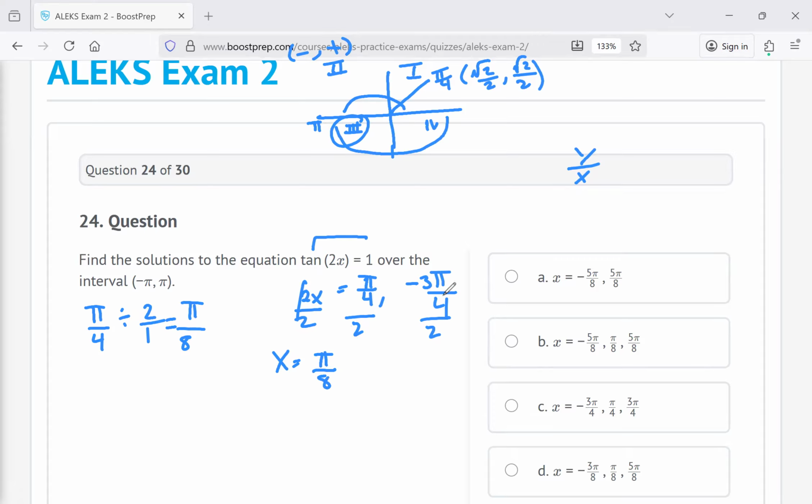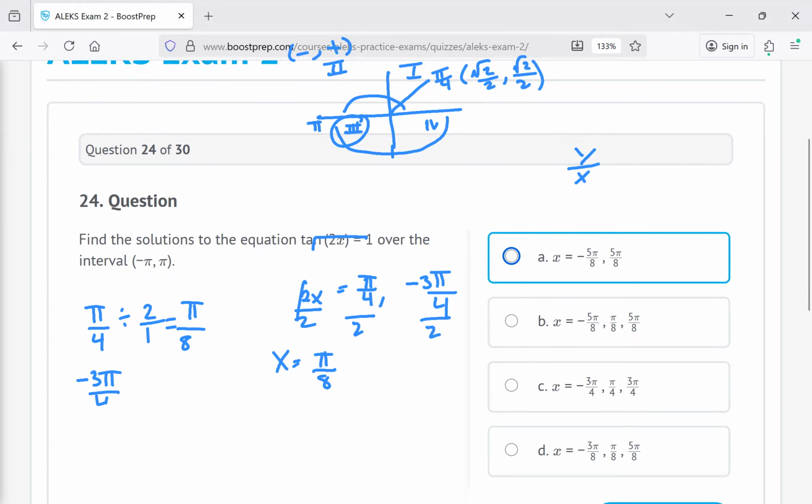And over here, what's negative 3 pi over 4 divided by 2? If you cross multiply, it's negative 3 pi over 8.